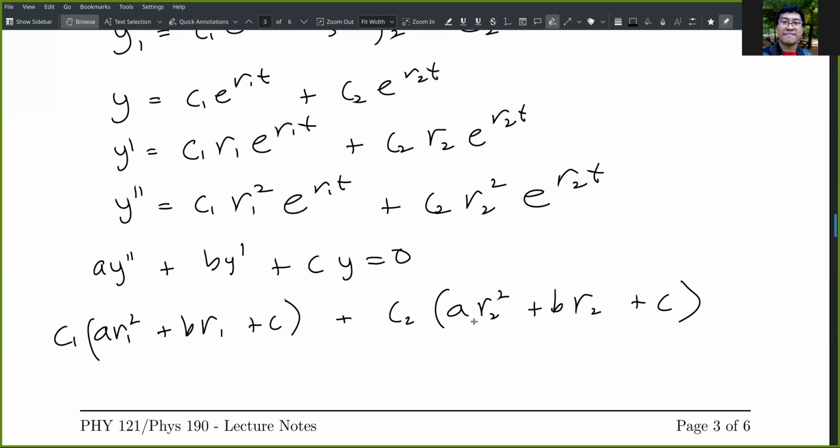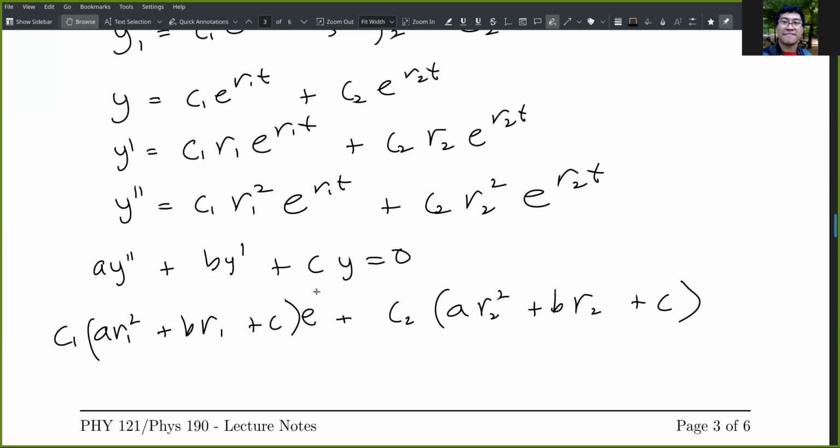Here we have a r1 squared comes from here, b r1 would be this, and c would be this. And then a r2 squared, this one, b r2 is this, and c here.